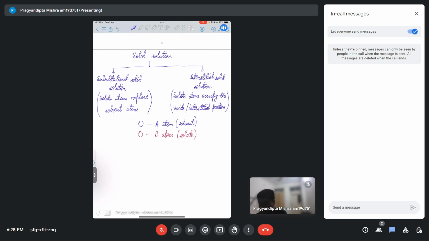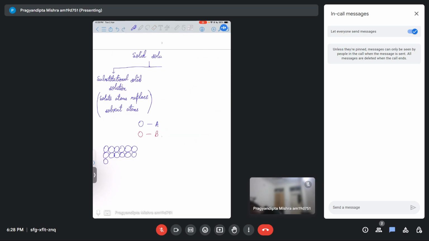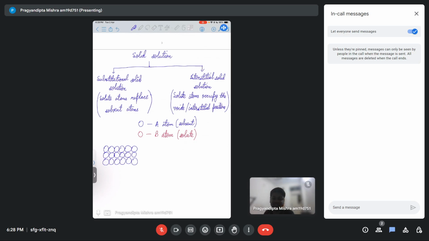So essentially in substitutional, we'll have something like this, my crystal structure.